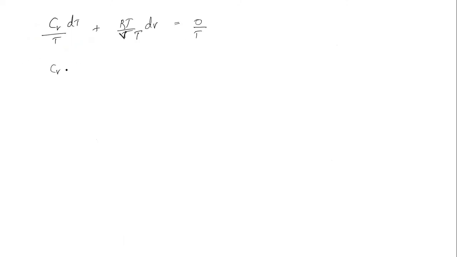If you write this one more step, Cv by T into dT, the T's cancel, and it is R by V into dV is equal to 0. Let us integrate this.